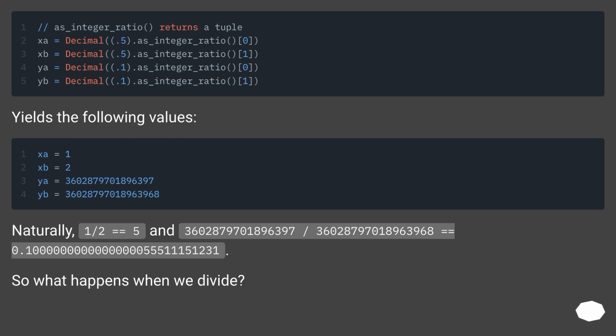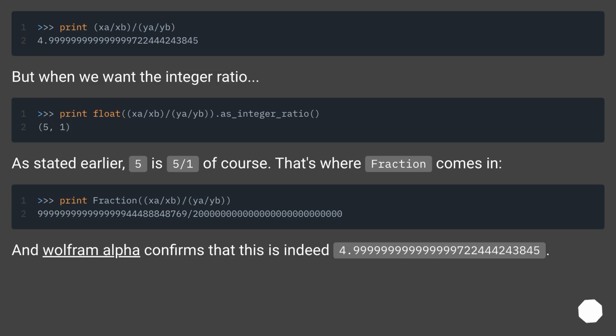So what happens when we divide? But when we want the integer ratio, as stated earlier, 5.0 is 5/1 of course. That's where Fraction comes in.